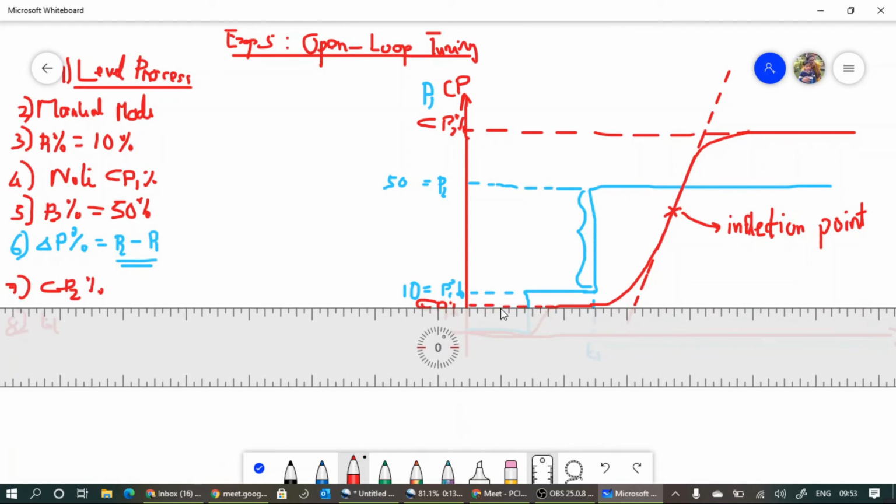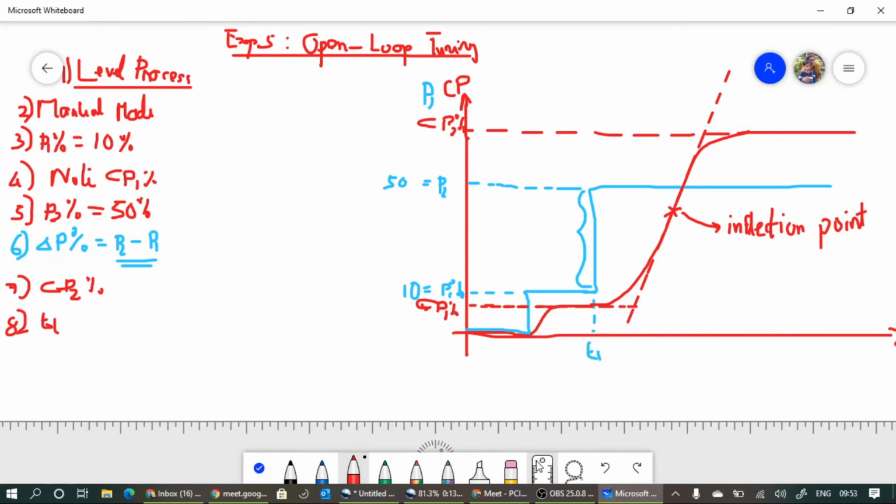So already you have drawn a dotted line from this steady state value to the y-axis. Am I correct? So now you have to continue this dotted straight line to this tangent. So what is happening? This CP1 horizontal line is intersecting with this tangent at this point.